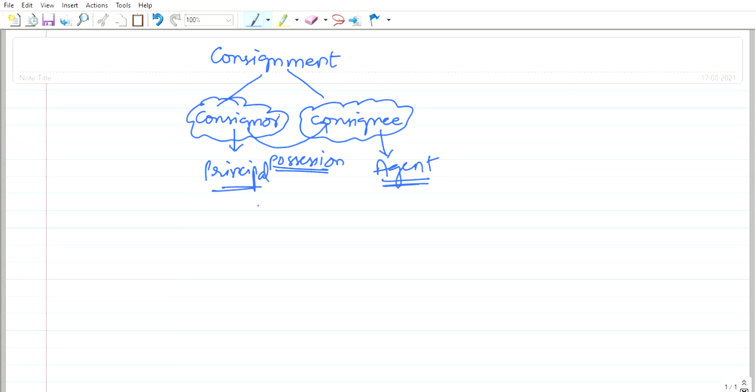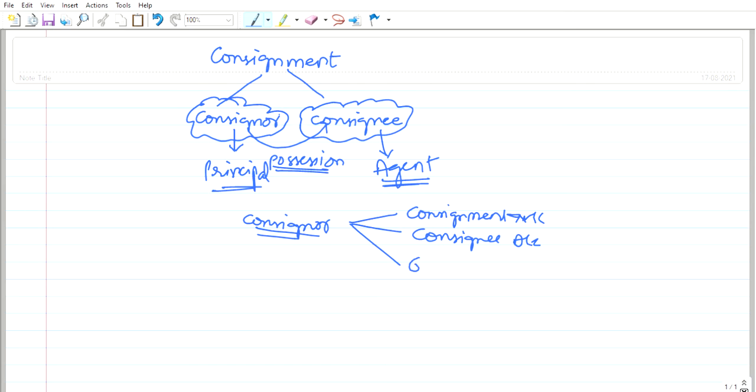In the books of consignor, the accounts we will prepare are the consignment account, the second one is the consignee account, and the third one is the goods sent on consignment account. So these are the three accounts which will be prepared in the books of consignor.